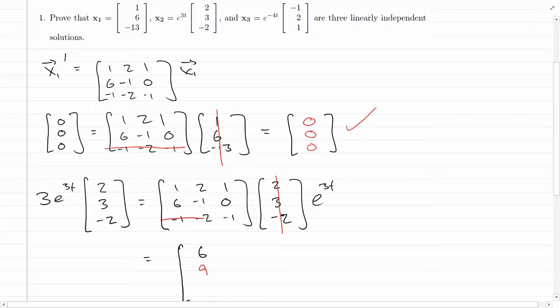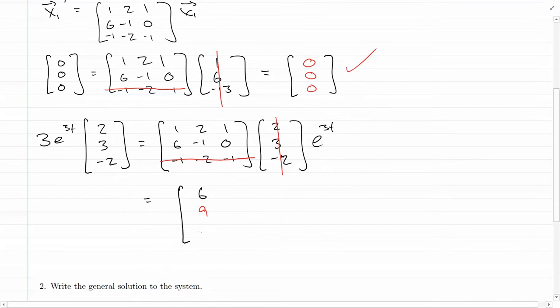Then the third row times the column. That would be negative 2 minus 6 plus 2, which is minus 6. So the question is, is this the same as this? I think you'll agree that it is, because if you took this 3 and put it into the vector, you'd have 6, 9, and negative 6, which is exactly what we got here. So yeah, x2 also works.